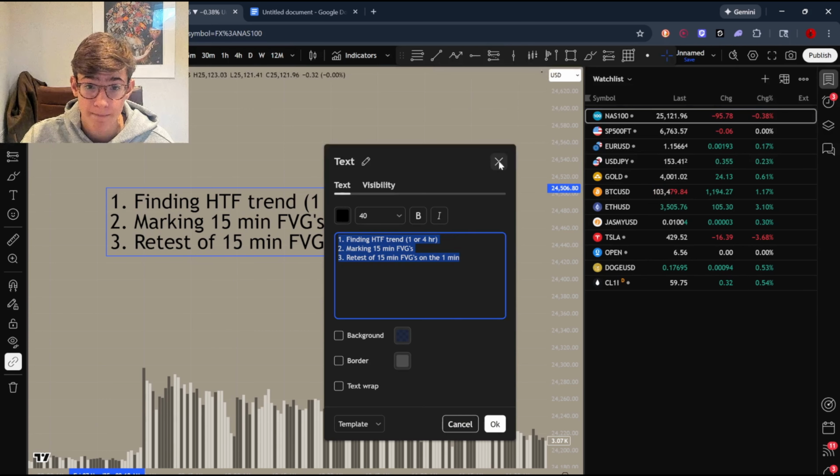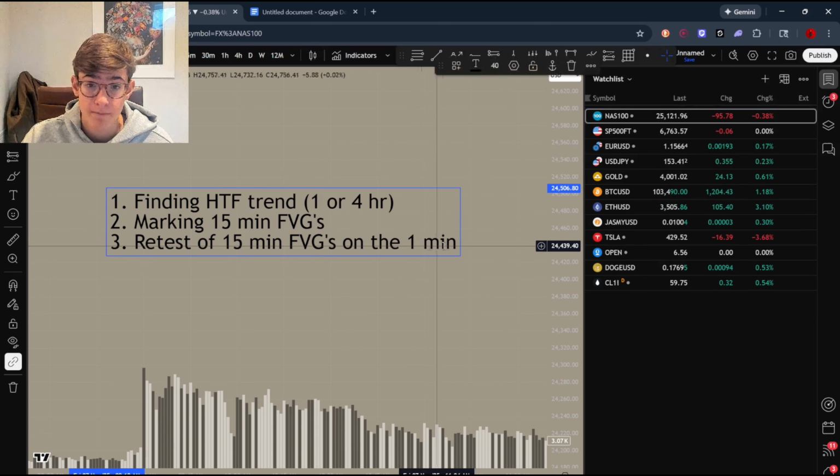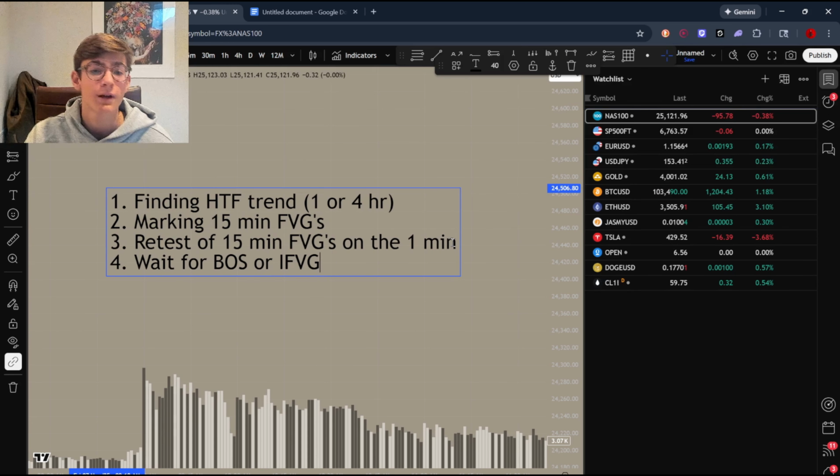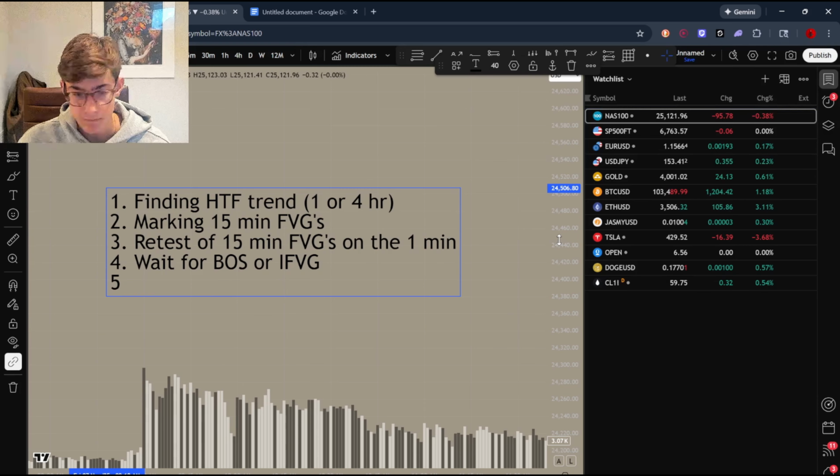Then wait for a break of structure or inverse fair value gap. Enter.